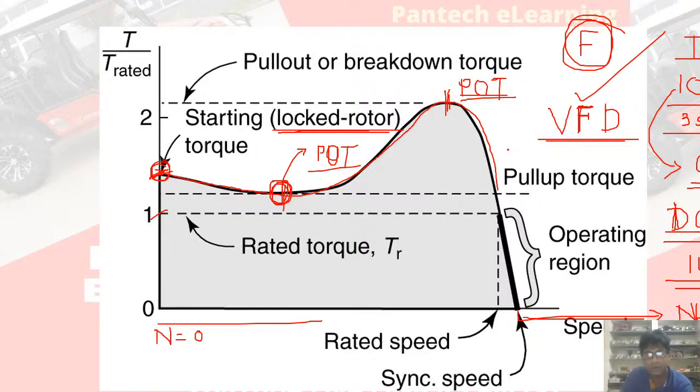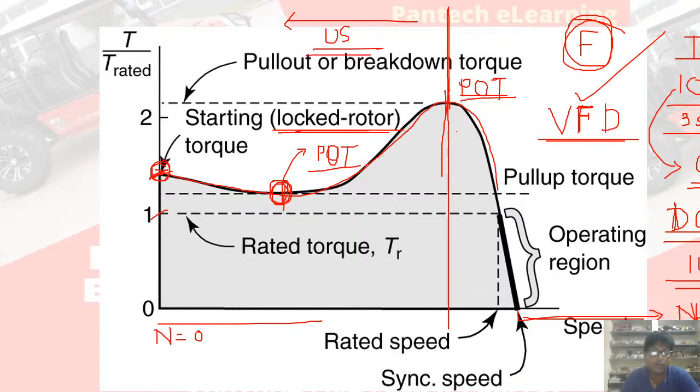Now one very important question: how will I select the machine for my intended purpose? If I draw a vertical line here, the region on the left side of this line is the unsafe region.